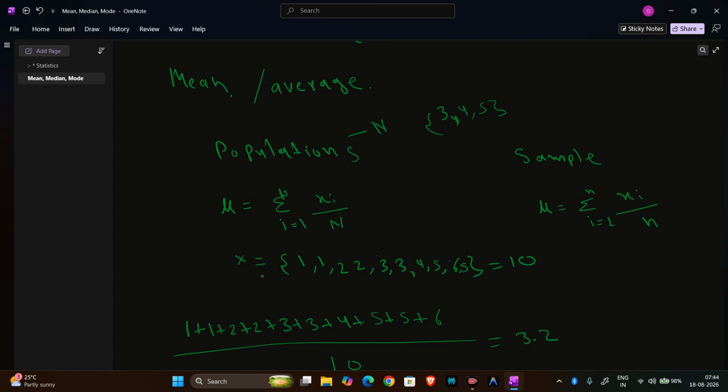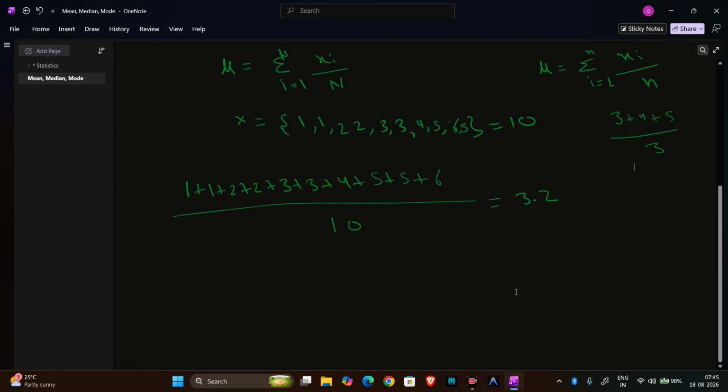So we calculate 3 plus 4 plus 5 divided by 3. We are doing the same thing for the population mean and the sample mean. So we have calculated the average, or mean, of our data.